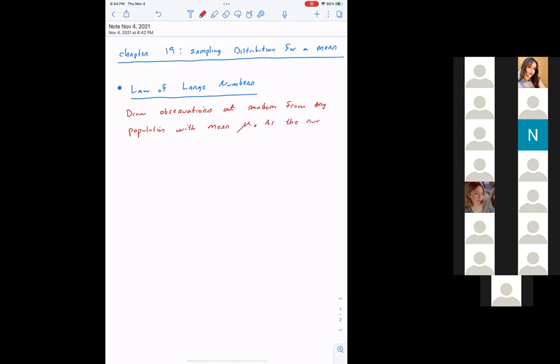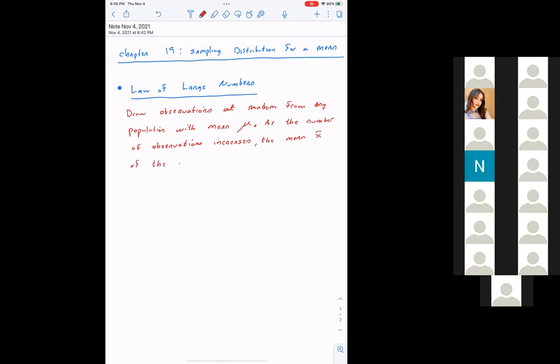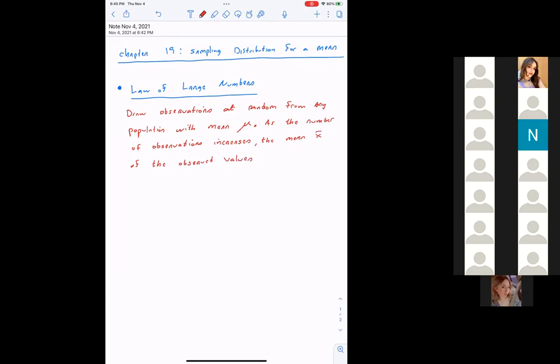As the number of observations increases, the mean X bar of the observed values, not the mean of the underlying population, but the mean of the observed values, gets closer and closer to what? The actual mean, which is mu.